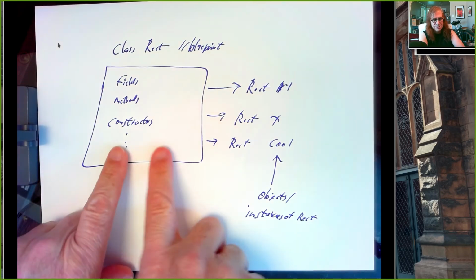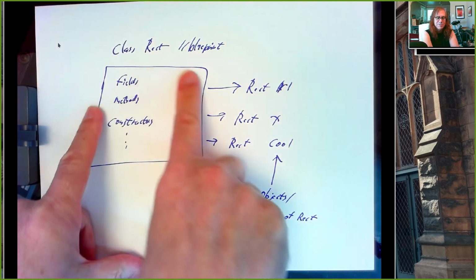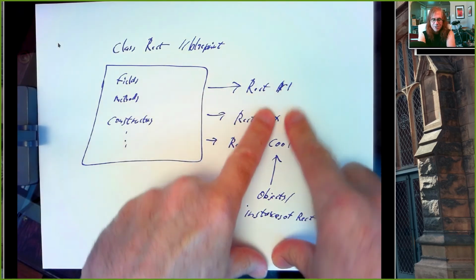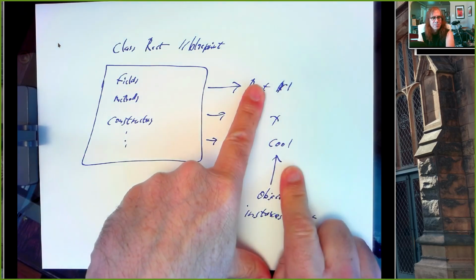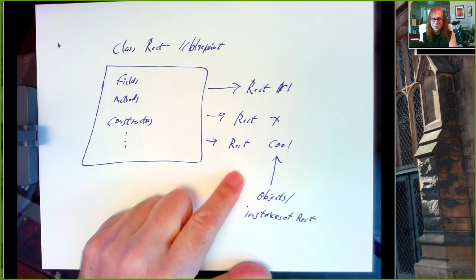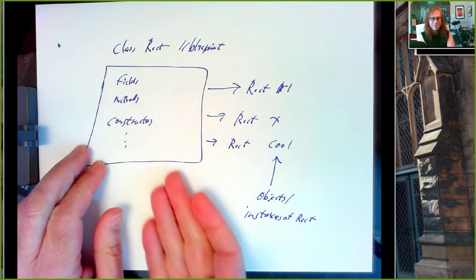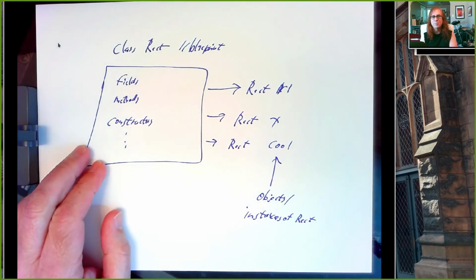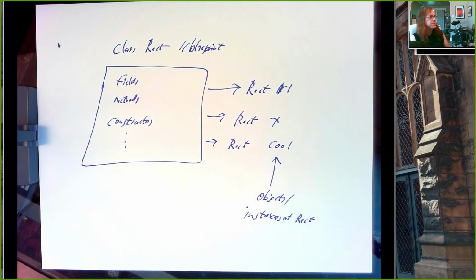So this is the description of a rectangle. These are rectangles, right? So they're instances, they're constructed versions of things that are constructed using this blueprint. So instance of a class is an object.